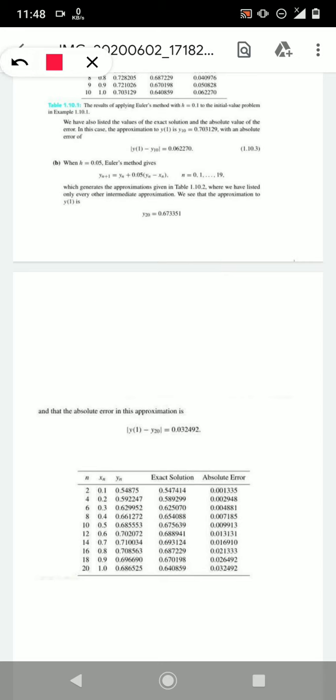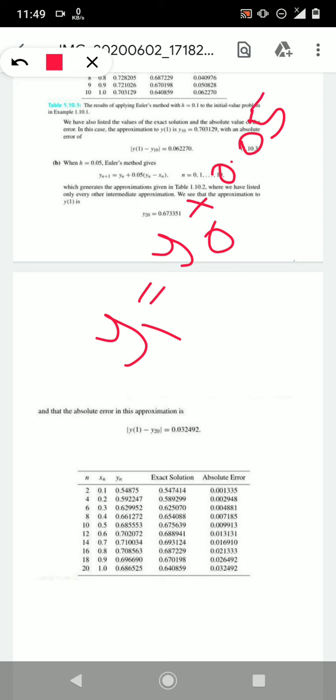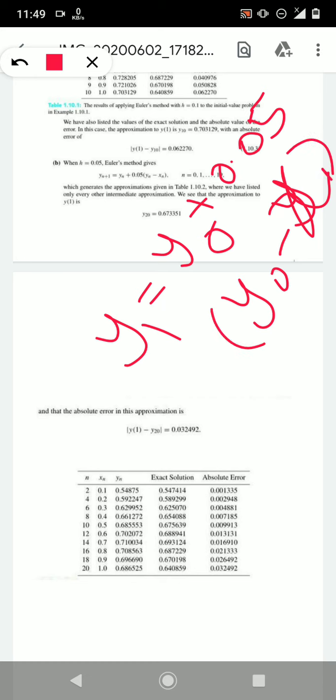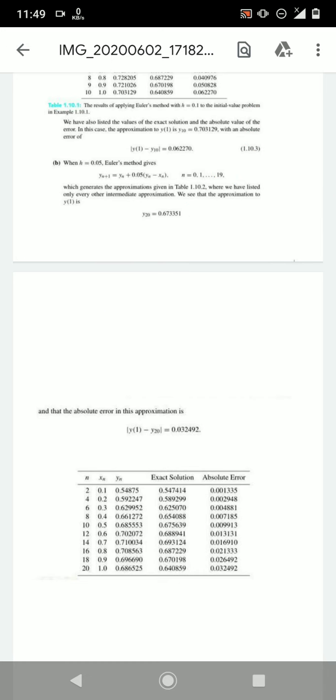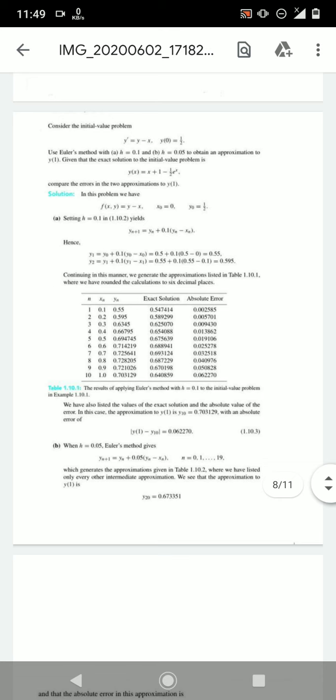Now the first one, y1, is y0 plus 0.05 into (y0 minus x0), where x0 is 0 and the function value at x equal to 0 is 1 by 2.